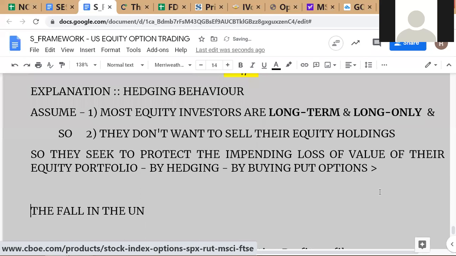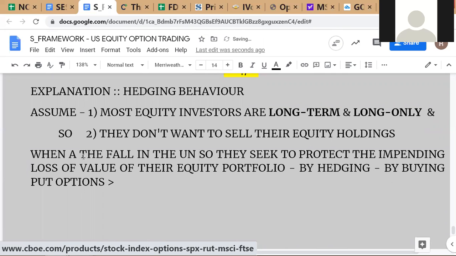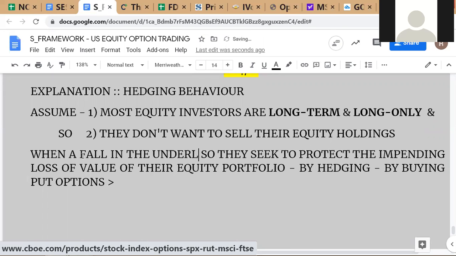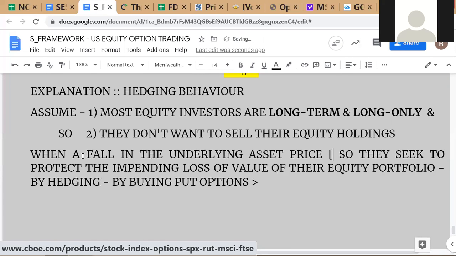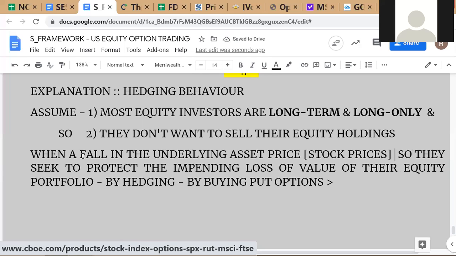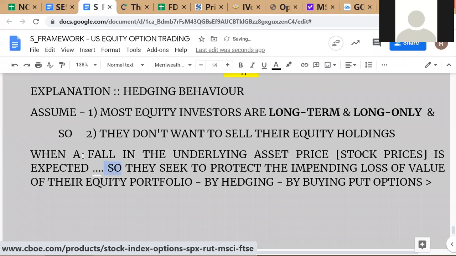Now this creates, for most equity investors, a situation where they seek to protect.